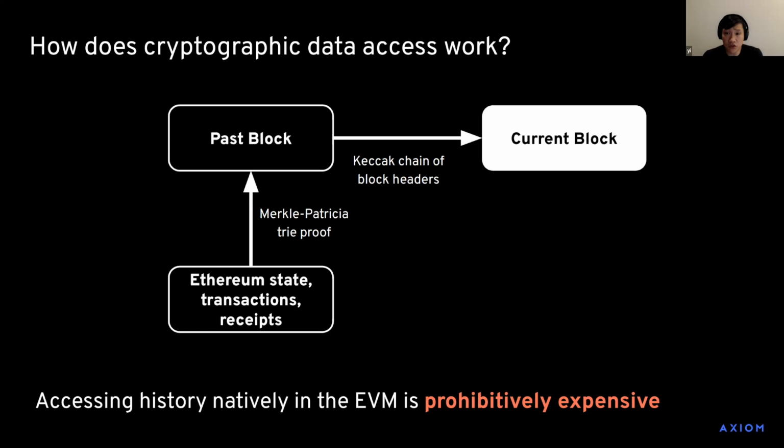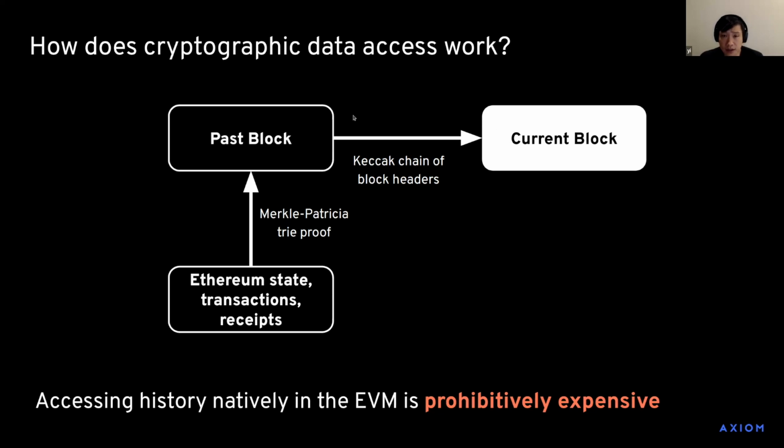That would establish that this past block is actually in the valid history of the Ethereum chain. Second, one could check that the relevant transaction actually lies in the Merkle-Patricia trie, which commits to all transactions in that block. So this is a valid cryptographic proof.